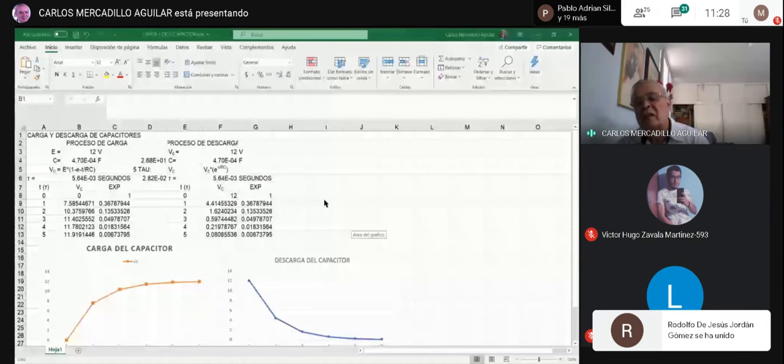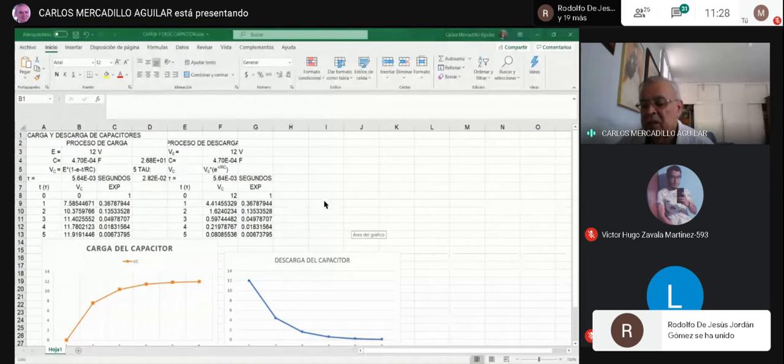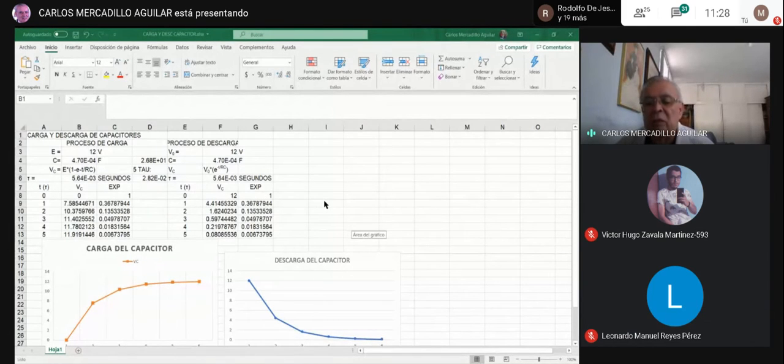It is the same RC circuit that we were seeing, but we have different values because in that circuit, I omitted how much the capacitor was and how much the resistor was. And even here, I didn't put the resistor.